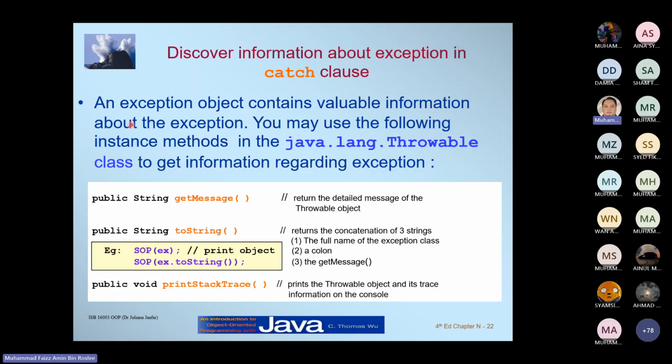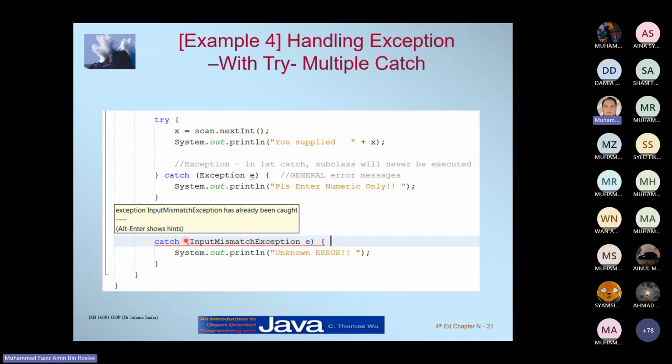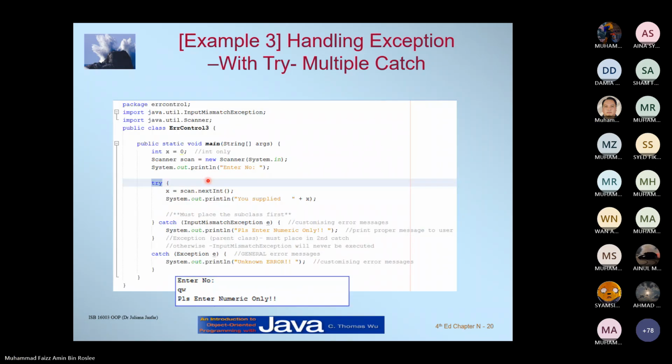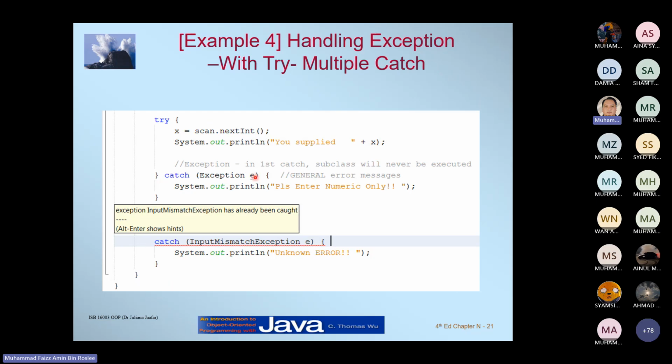Okay, an exception object contains valuable information about the exception. You may use the following instance methods in the java.lang.Throwable class to get information regarding the exception. When you declare an exception, for example, like here, Exception e, it's not dot, it's actually a space, Exception e. Then in here, you can print e dot something, right?